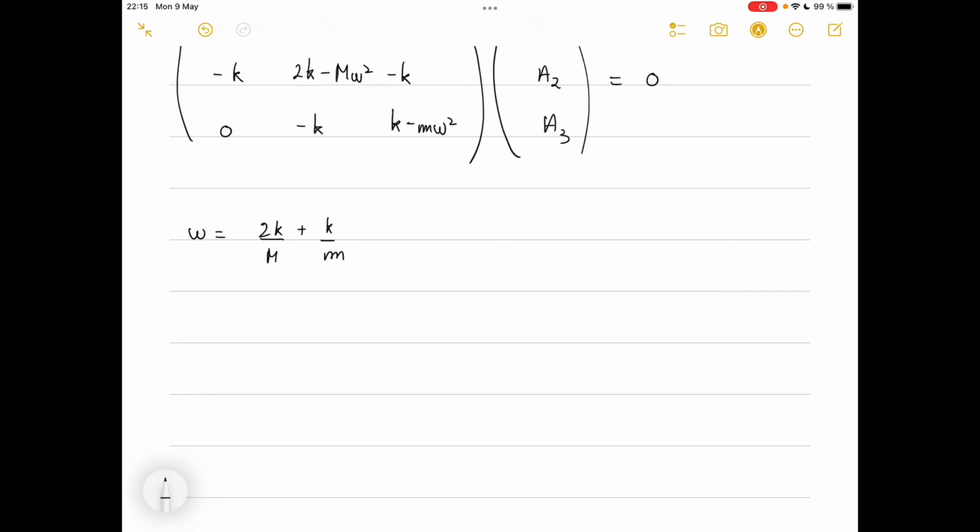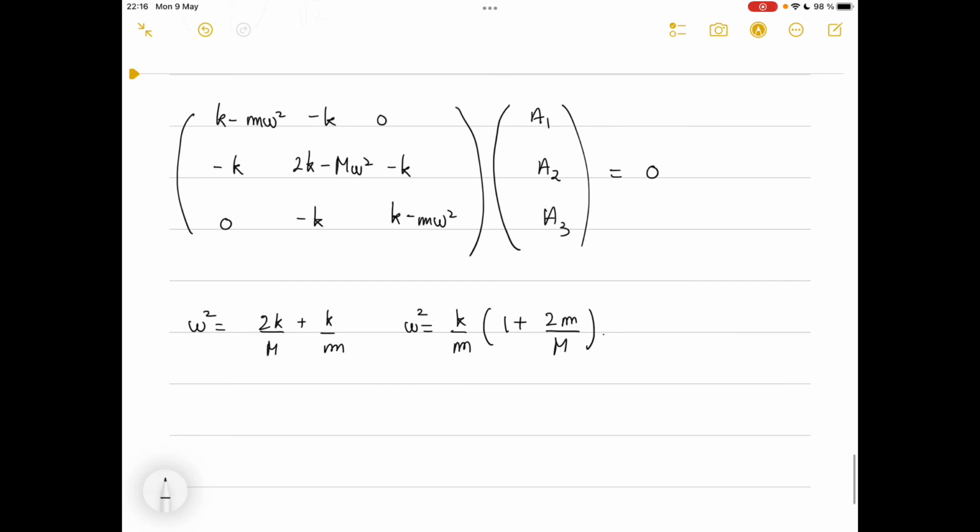We can rewrite omega squared equals k over m times (1 plus 2m over big M). Now we can start subbing these values in.